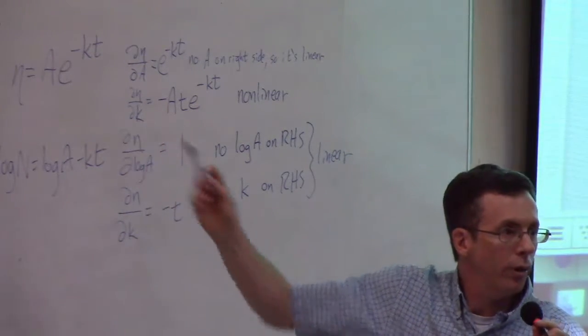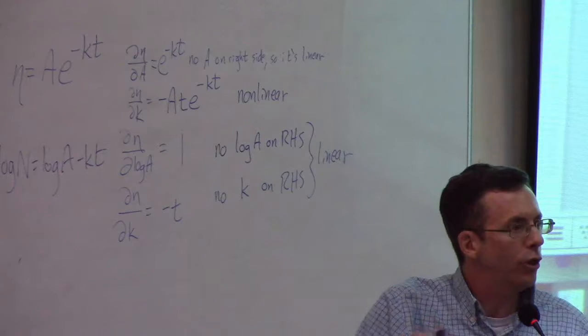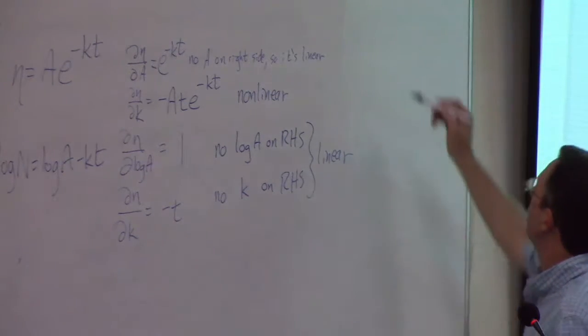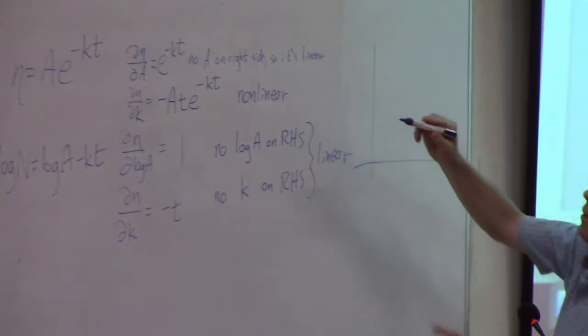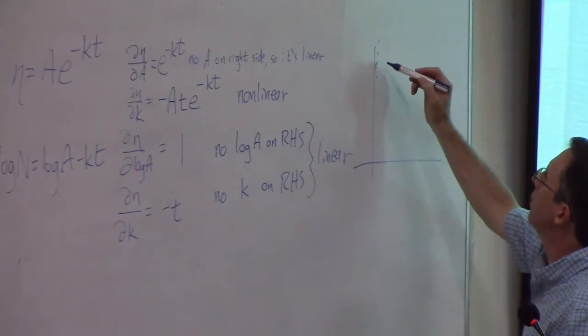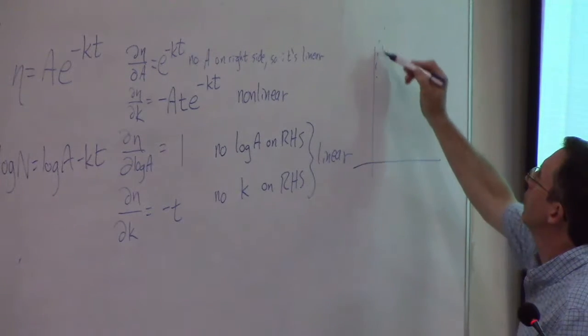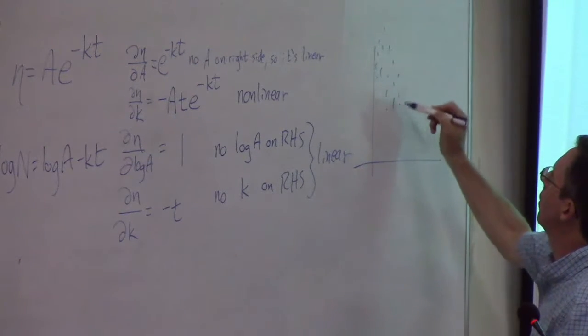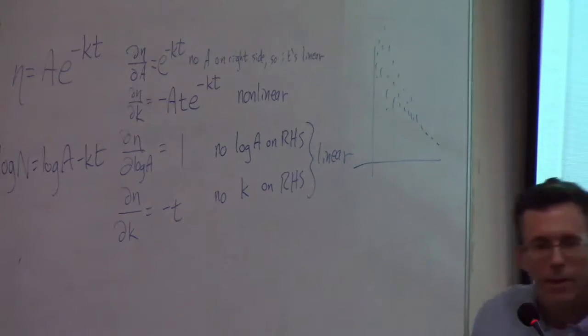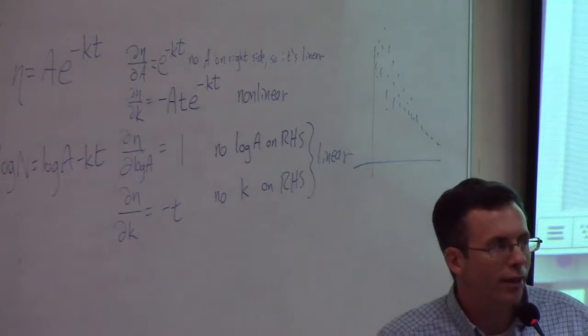But if on this model you have an increasing variance as you collect your data, then you'll get a different answer. If your data look like that, you'll get a different answer.